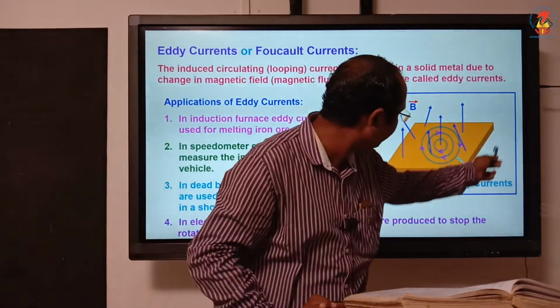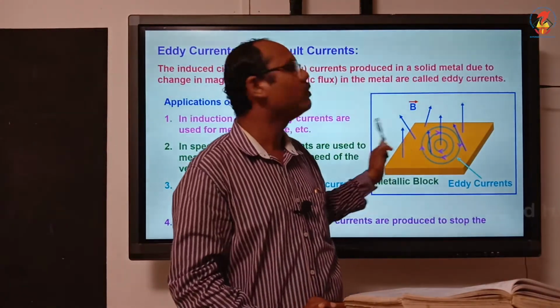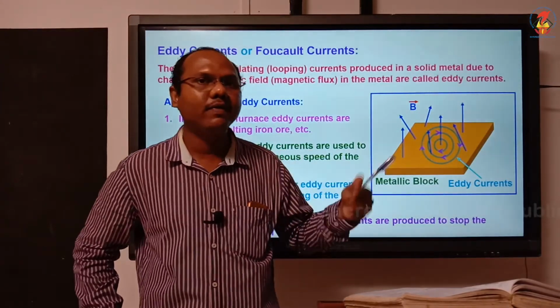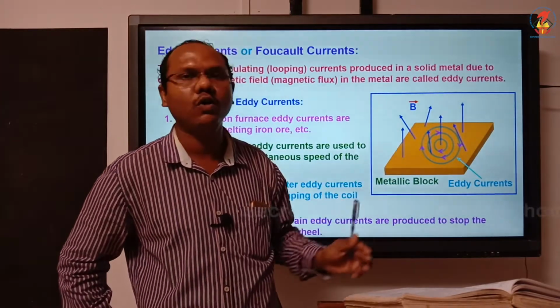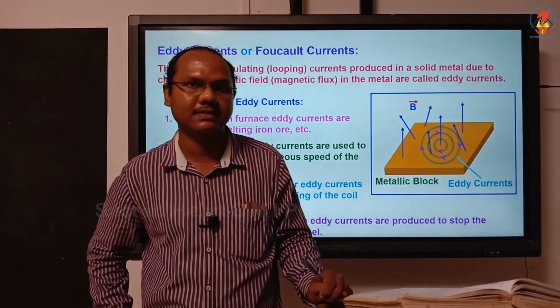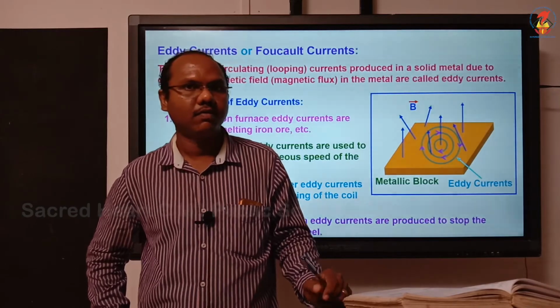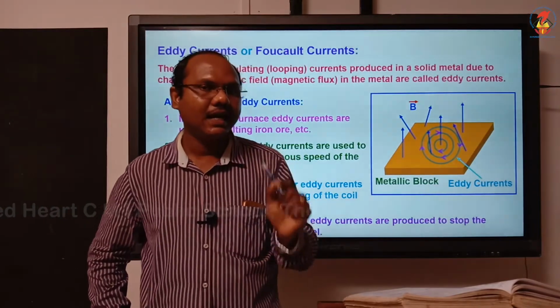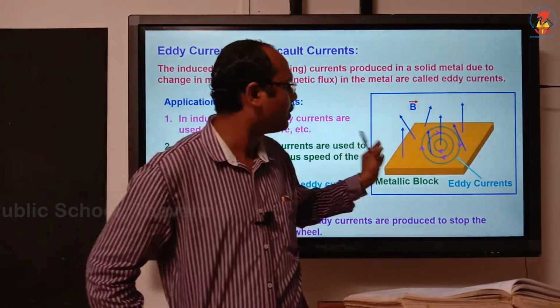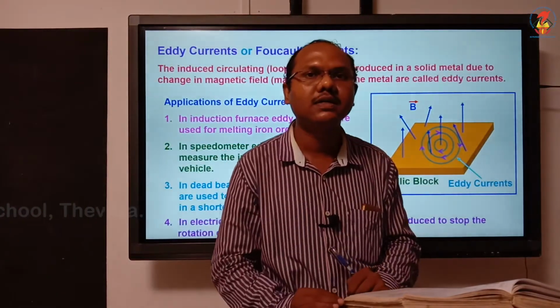Imagine a metallic block like this is moving in a magnetic field. So, different portions of the block will have a different rate of change of flux. What I mean is the rate of change of flux in each part of this metallic block is different.